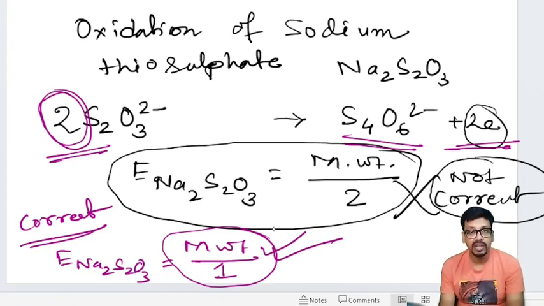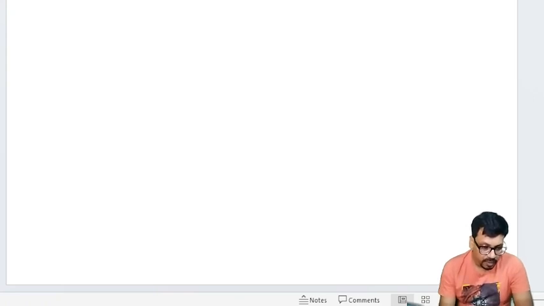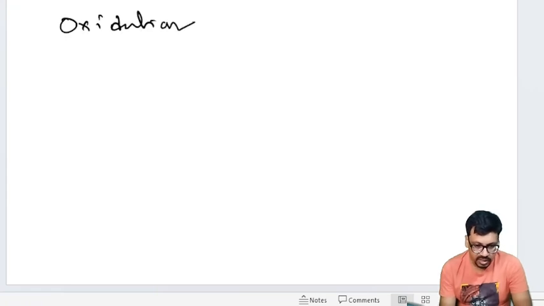Many of the students give the wrong answer for the equivalent weight of sodium thiosulphate. This is very important. And the next one is the equivalent weight of Mohr's salt. So we know the chemical formula of Mohr's salt: ammonium ferrous sulfate. Now the oxidation of Mohr's salt.